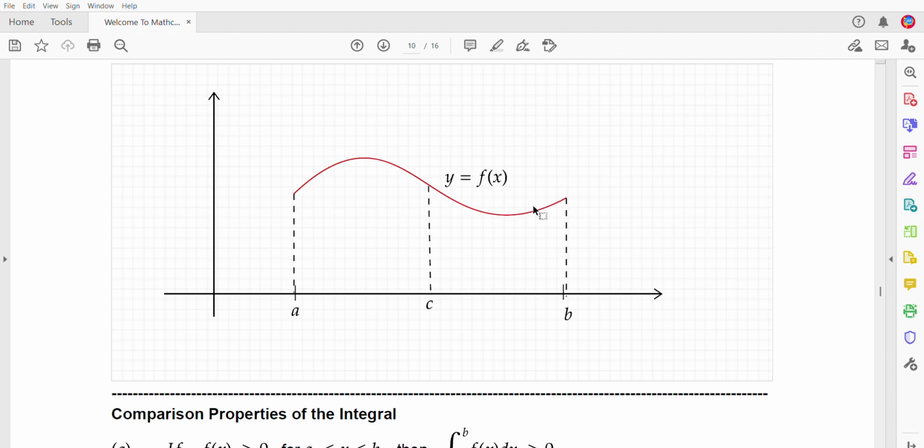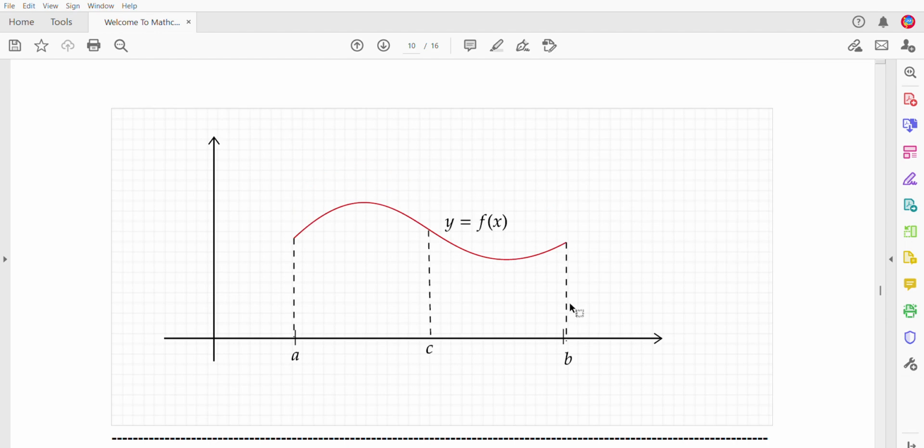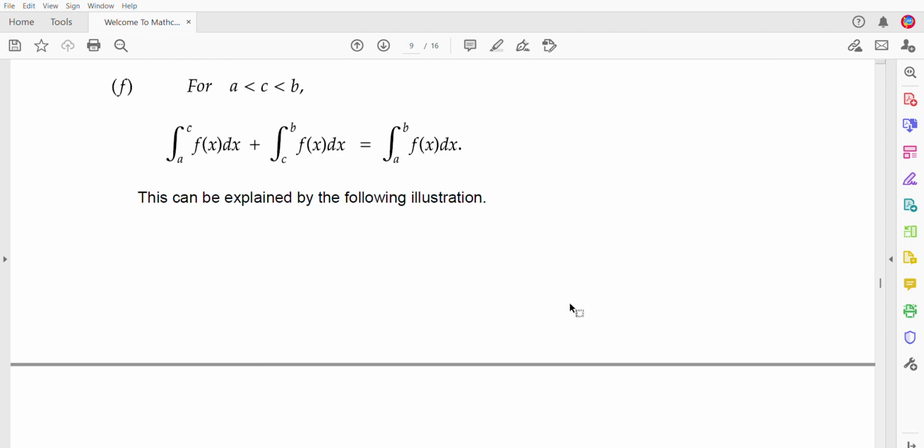Definite integral represents this area. So, area over a to b is equal to area over a to c plus area over c to b. That's all we have said here. Area over a to b is area over a to c plus area over c to b when c is between these two numbers.